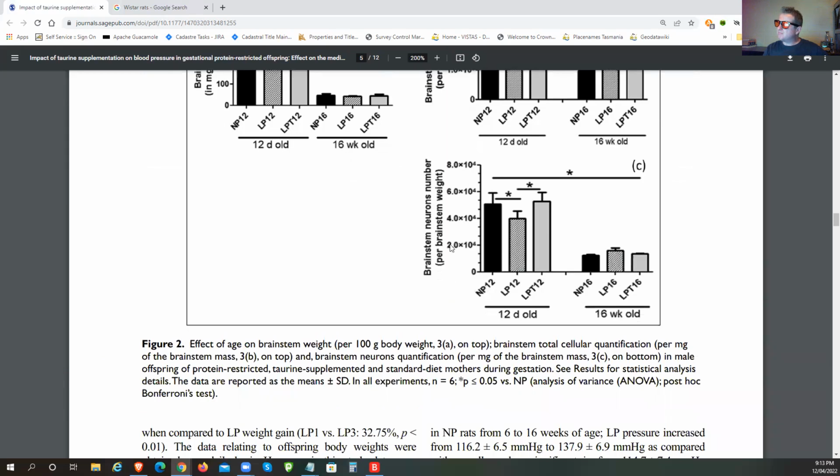So this is the neural numbers. That means the actual numbers themselves. As we can see, there's your taurine, definitely even above the control. So even if a child, you've done the wrong thing, you can still reverse it, ladies. You can still reverse it. Give them bloody taurine and give them a big steak as well.